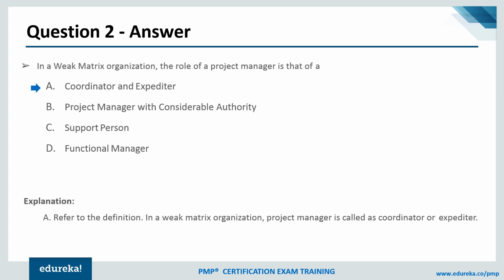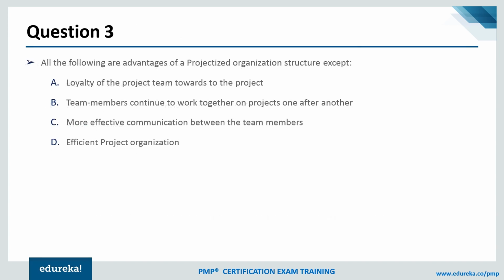If you remember that table, we saw it there. So you will get questions like this. The last question that we saw, you'll get questions like that also in the PMP examination. You'll be asked to find what type of organization structure does the organization follow. Clear? Let us look at the third question.